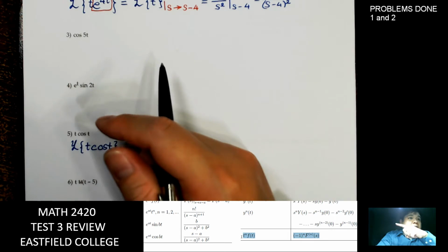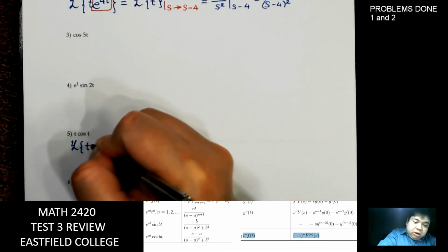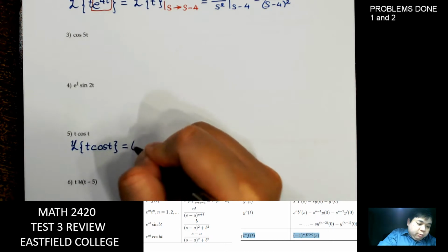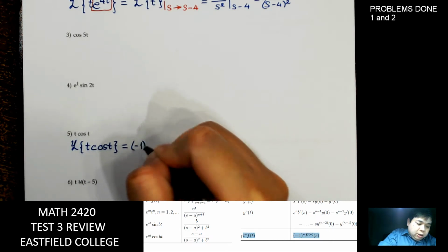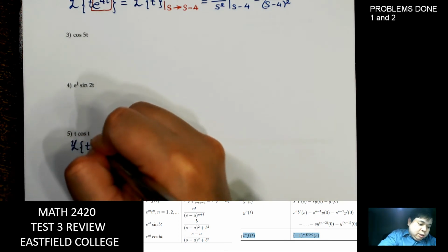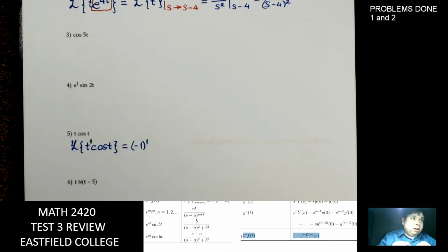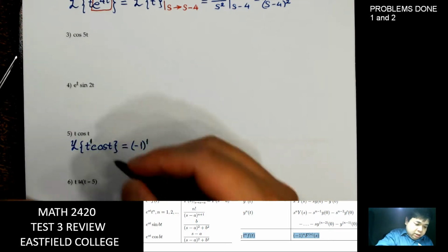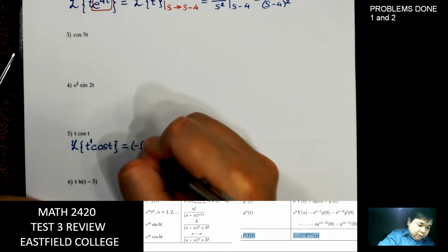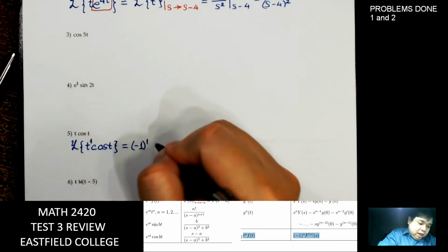So in that formula, because of the first power, we'll have -1. This is by default the first power, so we have the first power here of -1. And then we do the transform of t cosine t.